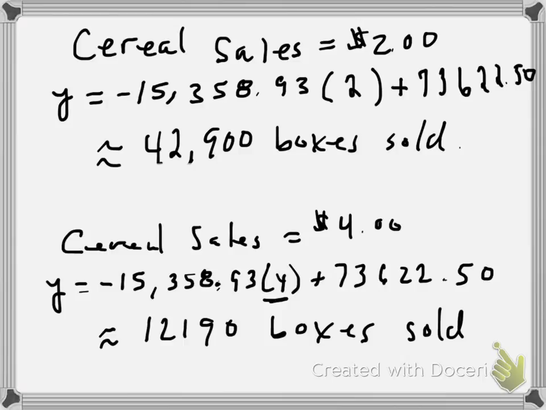If the cereal boxes are being sold for $2, you can expect to sell a total of 42,900 boxes. If you raise the price of cereal to $4 per box, obviously you would expect to sell much less. You'd expect to sell, in this case, approximately 12,190 boxes. Alright?